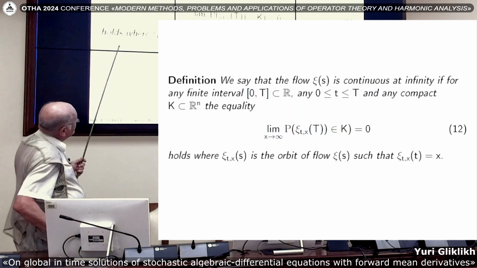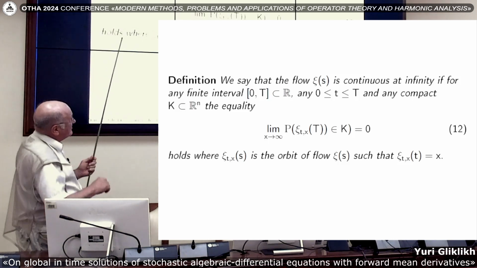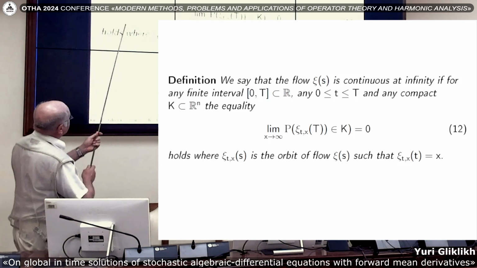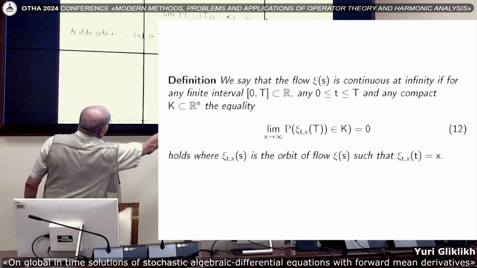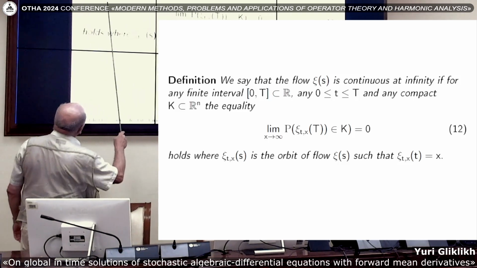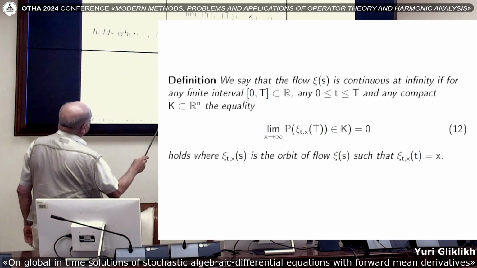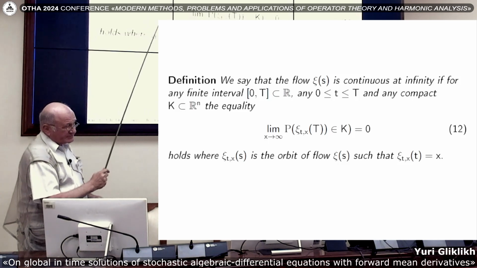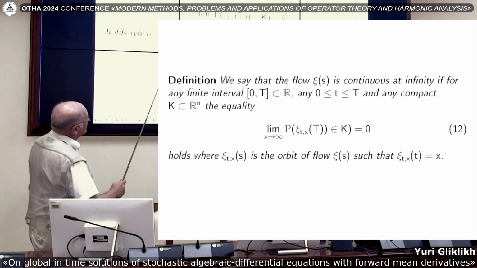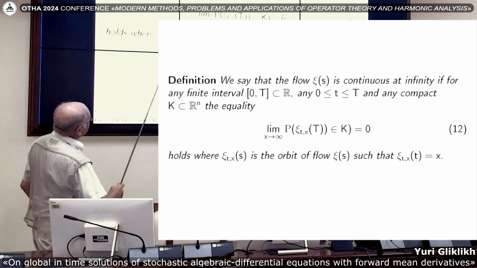We say that the flow is continuous at infinity if for any finite interval, any t from it and any compact K in R^n, the equality, you see, holds. This notion was introduced by Laurent Schwartz, and it is very important for us.